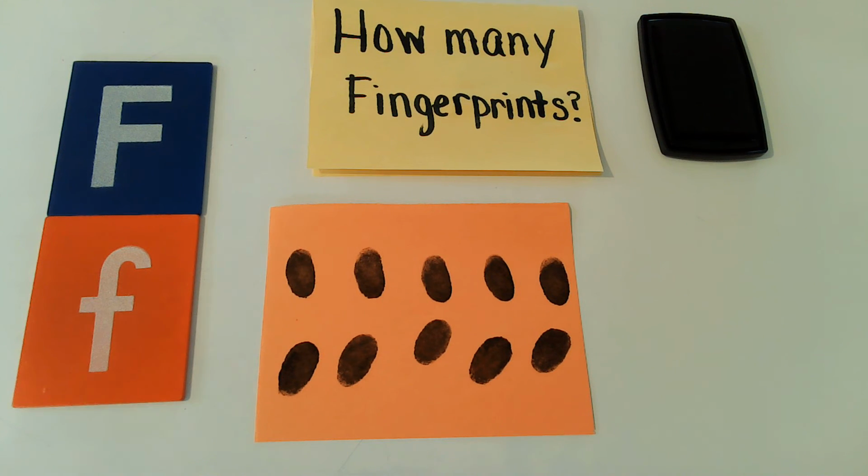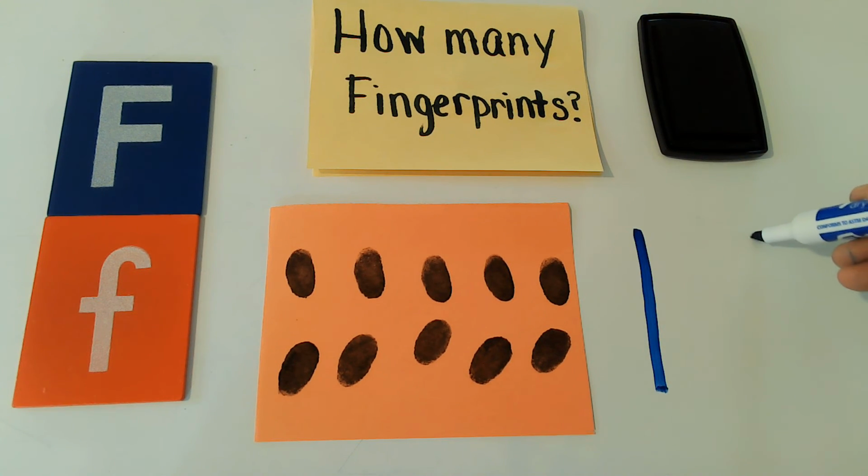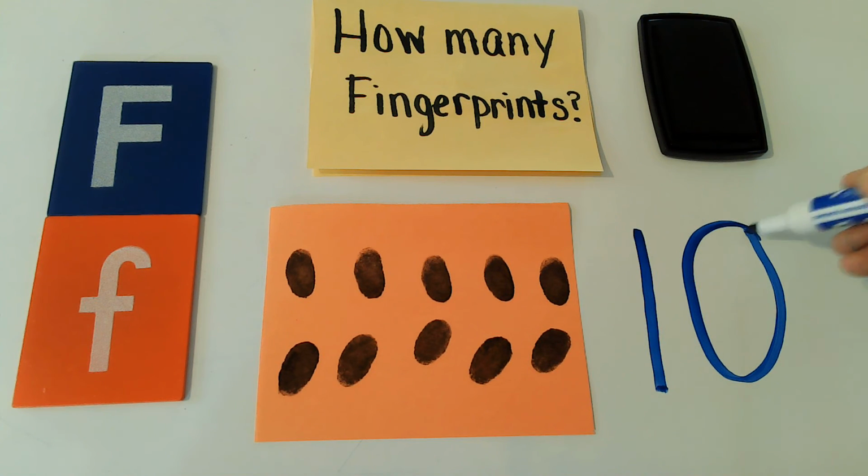Wow! So there are 10 fingerprints on this piece of paper. And the number 10 looks like this. It has a 1 and a 0. And that's how you make the number 10.